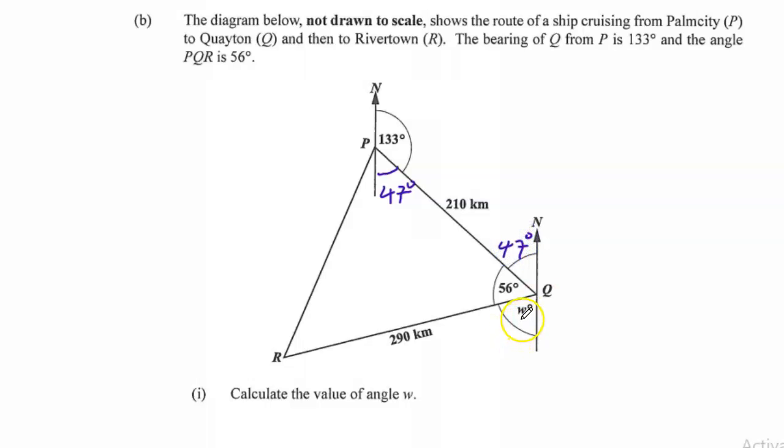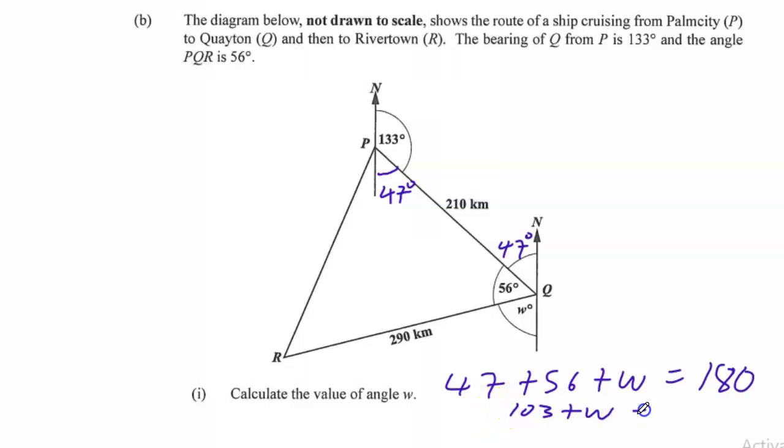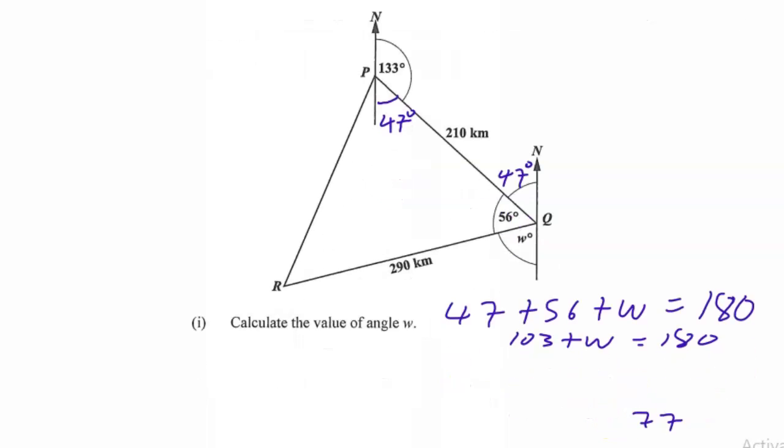And again, angles on a straight line have to give 180 degrees. So 47 plus 56 plus W should be equal to 180 degrees. Now what's 47 plus 56? 103. So angle W will be 77.